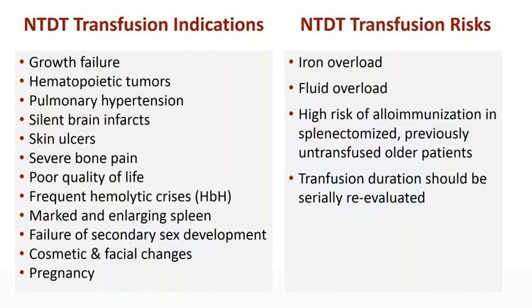In addition, if you start transfusions in an older splenectomized, non-transfused patient, they have an explosion of alloantibodies, which can be prevented by extensive phenotypic matching. So transfusing them as indicated is a worthwhile endeavor, but have a goal in mind about when you're going to reassess stopping the transfusions.